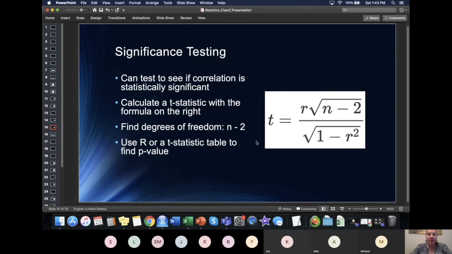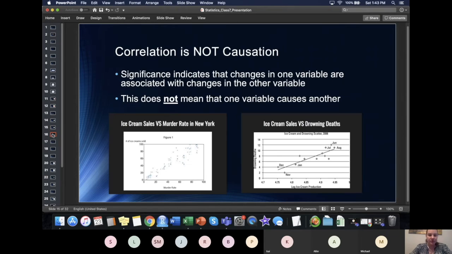In this case, the formula is the number of data points minus 2. So that is taken into account. That's why the table isn't ideal, because your number of observations usually won't exactly be written on the table. So I recommend using R. So then you can use R or the table to find those values.